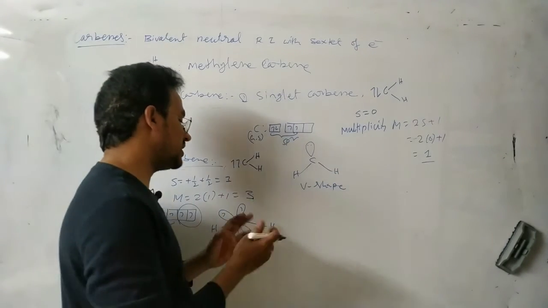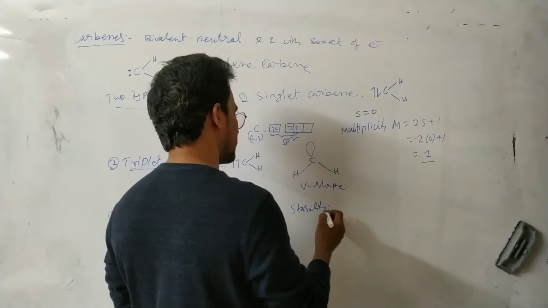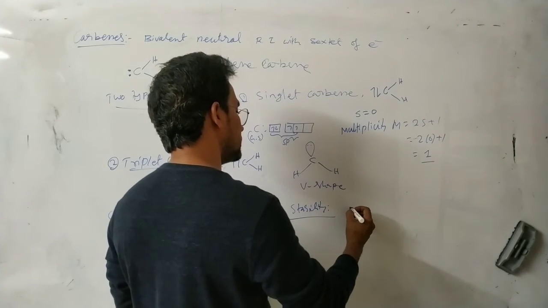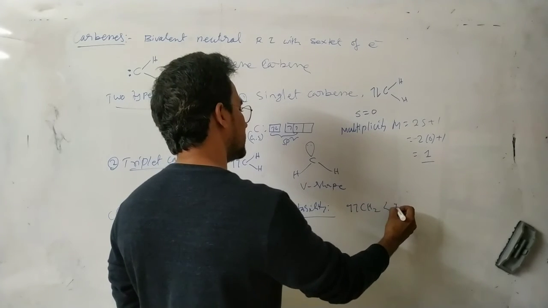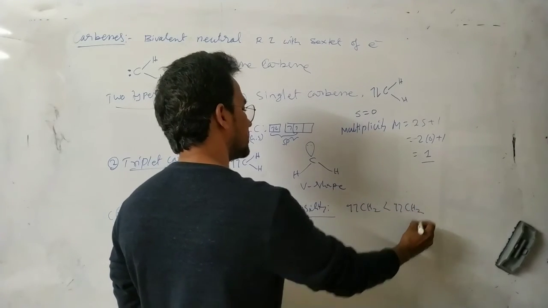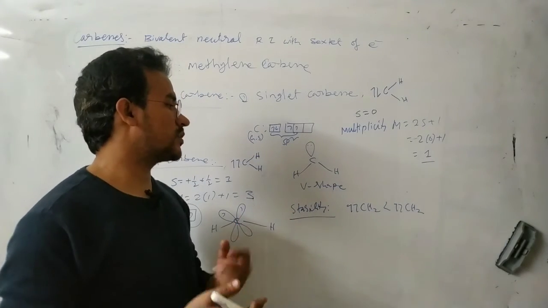Now between these two, which is more stable, Singlet carbene or triplet carbene? Singlet carbene is less stable than the triplet carbene. Why is triplet carbene more stable?